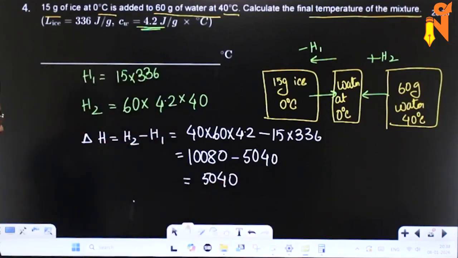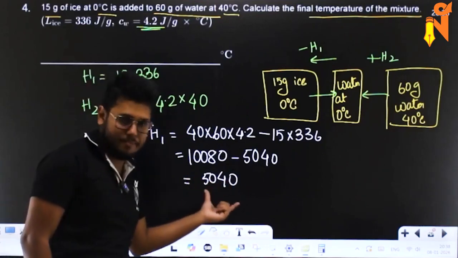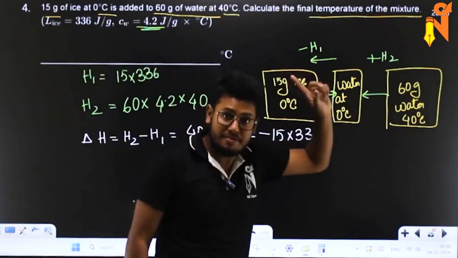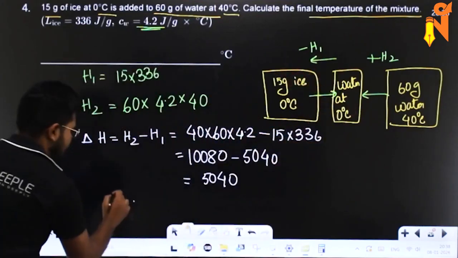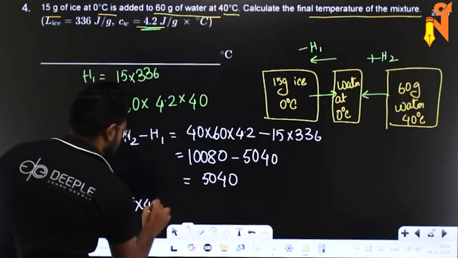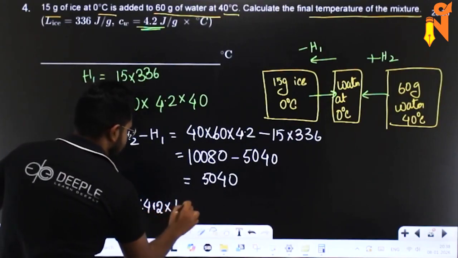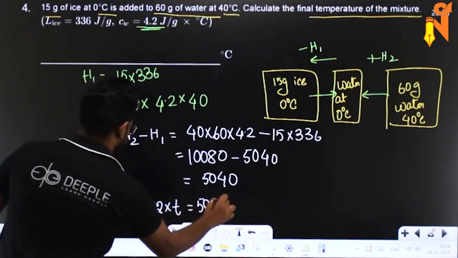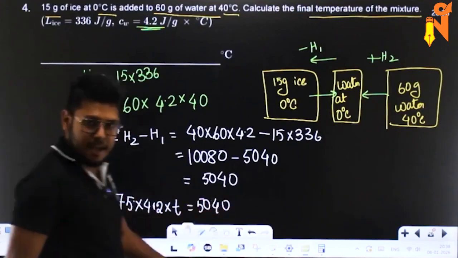Now, using this energy, the entire water will heat up. So simple story, the entire water is 75 gram, specific heat is 4.2, and the temperature will become T, so 75 into 4.2 into T is equal to 5040. So T is 5040 by 75 by 4.2.